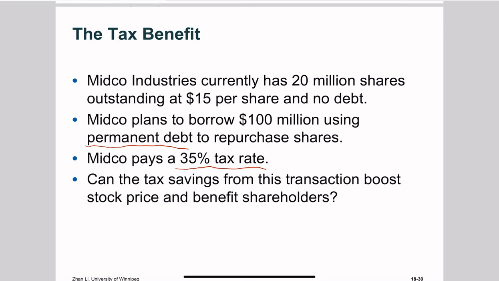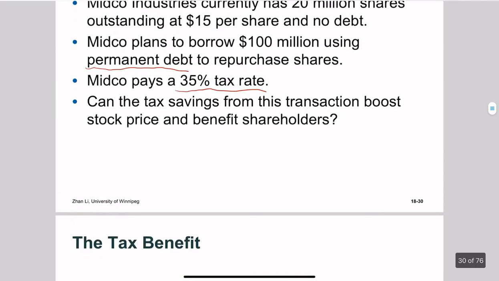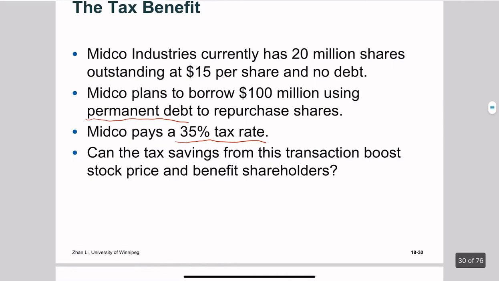So let's see how to calculate the firm's value. In the beginning, the firm has 20 million shares. Share price is 15. So the firm's unlevered value is 20 times 15, so it's $300 million.